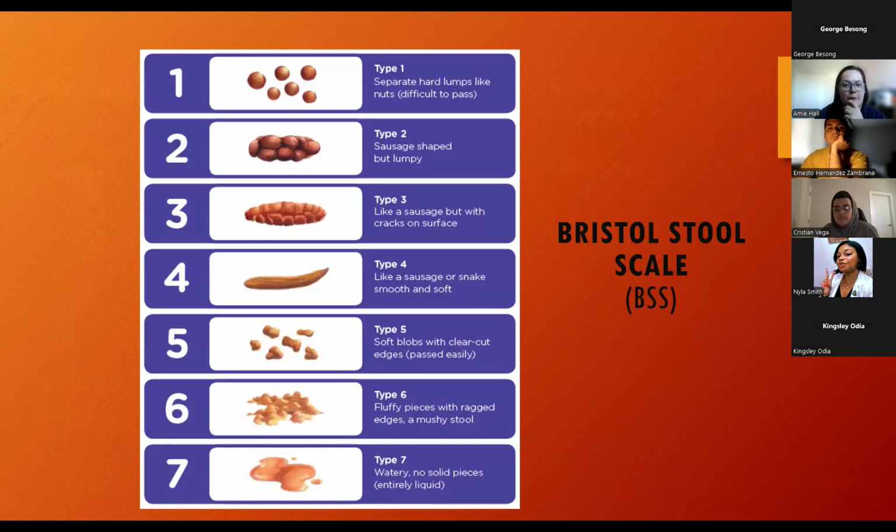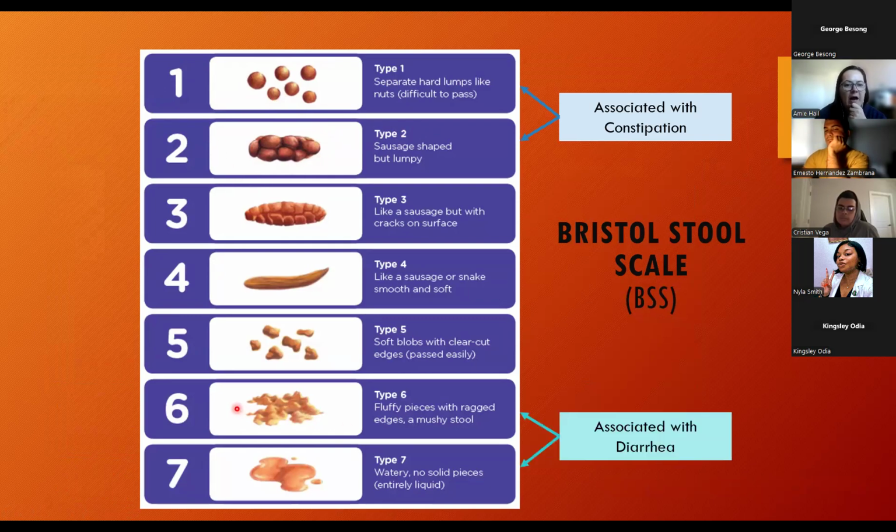So bringing back the Bristol stool scale so that we're all talking about the same thing when we're talking about diarrhea and constipation. 1 and 2 are associated with constipation. So if the patient is talking about separate hard lumps like nuts that are difficult to pass, or a sausage-shaped lumpy stool, that is constipation.